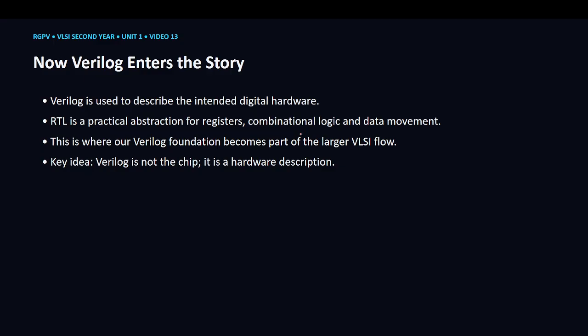And now we finally reach Verilog. Verilog lets us describe the intended digital hardware. At the RTL level, we can describe registers, combinational logic, data movement and clock behavior. This is important.